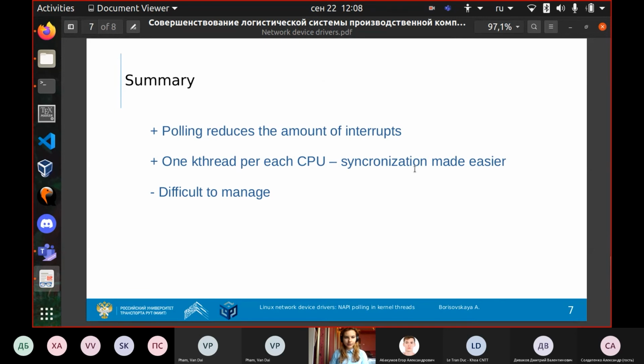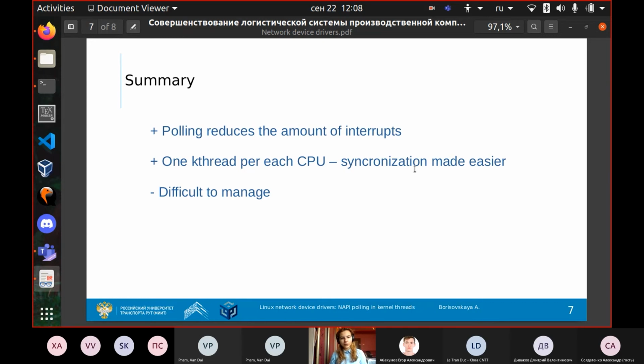Summing up, we can see that the polling method effectively copes with the problem of reducing the number of interrupts from network devices. Also, NAPI provides a poll function in the context of the software interrupt handler, but since SoftIRQ has a number of disadvantages, NAPI compliant drivers are very difficult to manage.